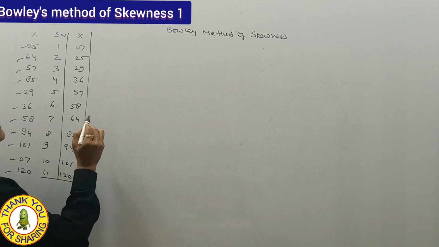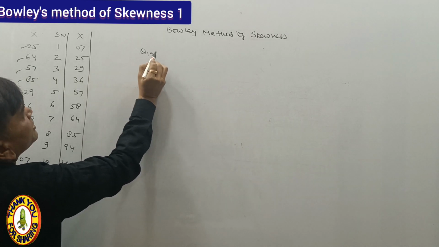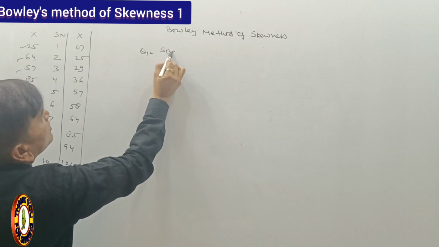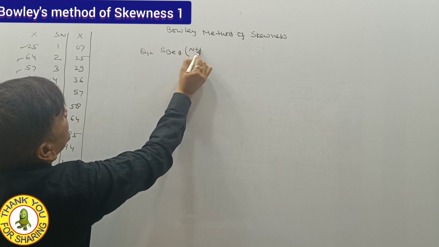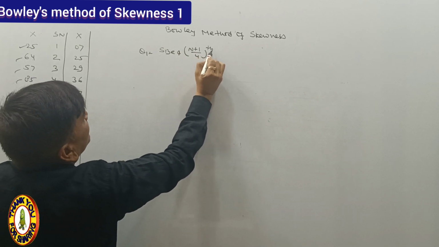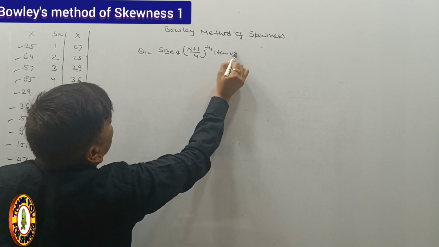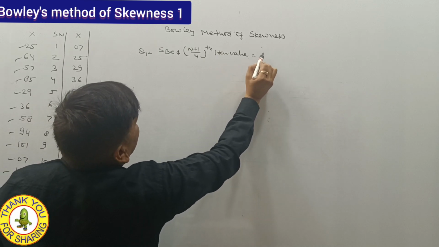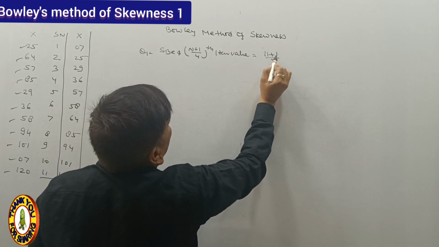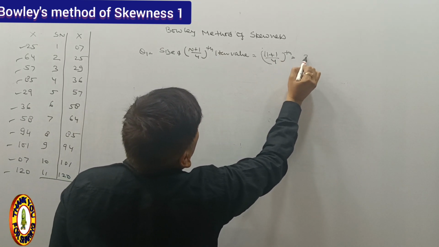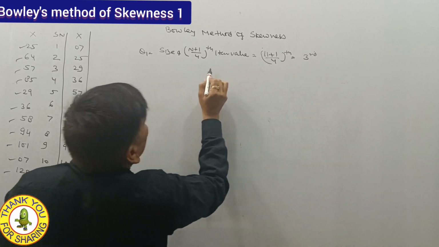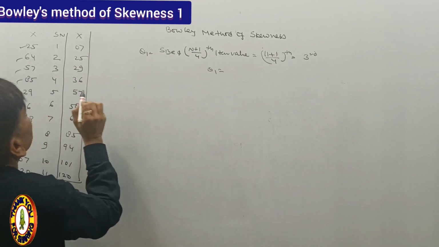Now we calculate Q1, which is the size of (n plus 1) upon 4th item, that is 11 plus 1 upon 4, the third item. So the value of Q1 is the third item, that is 29.